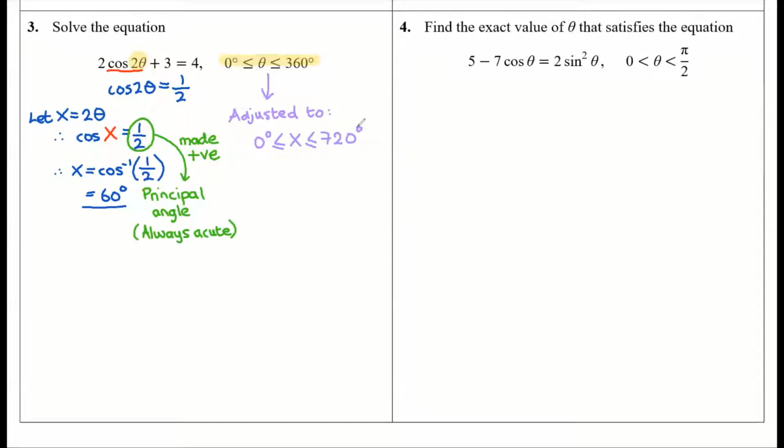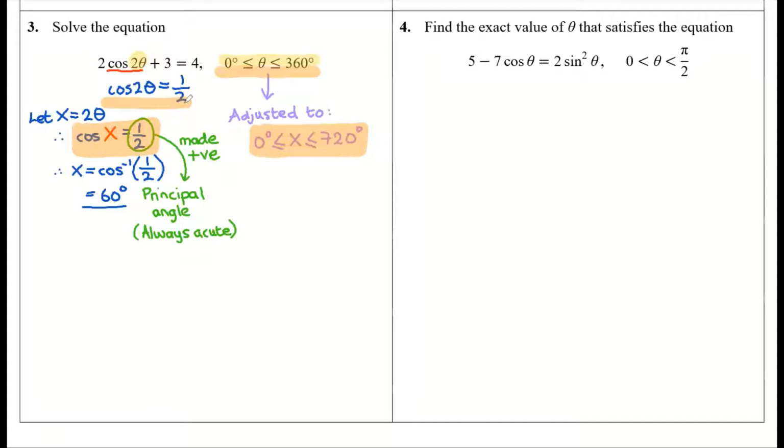So if I just draw your attention to the 2 equations, we've just rewritten the equation as cos of x equals a half. We're going to solve that instead of cos 2 theta equals a half. And we're going to look in the interval 0 to 720 rather than between 0 and 360, which was for this question. Okay, so it just makes more sense.